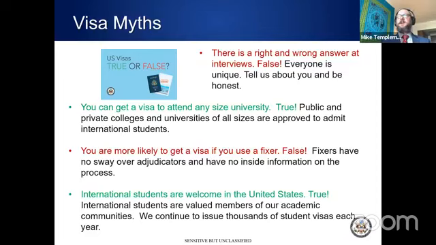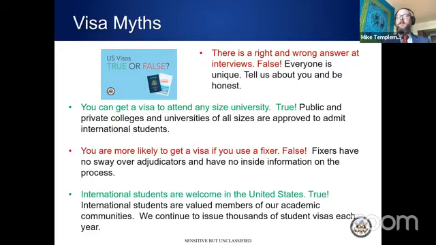Those are things someone should consider before they come into an interview, because the consular officer is looking for the truth. But there is no right or wrong answer to a particular question.